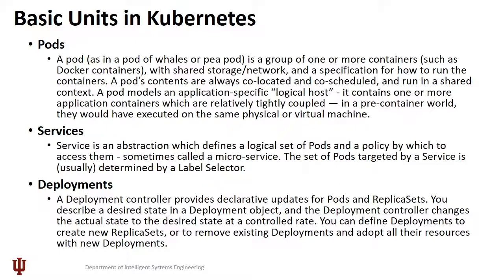Services is an abstraction that defines a logical set of pods on which we can define policies. They are defined by labels, as you recall. And then we have deployments. This is supported by a deployment controller that provides declarative updates for pods and replica sets. That means if I want to replace them, I can use deployments to do that.